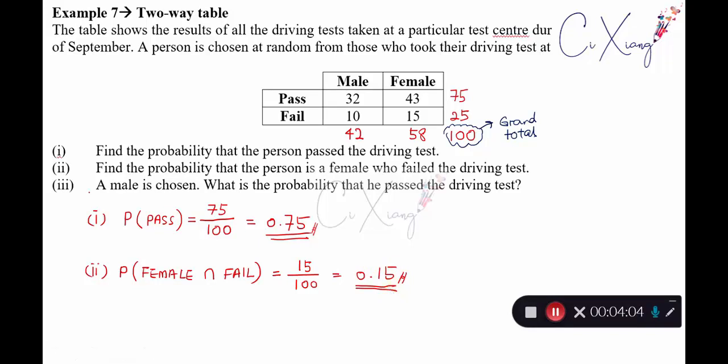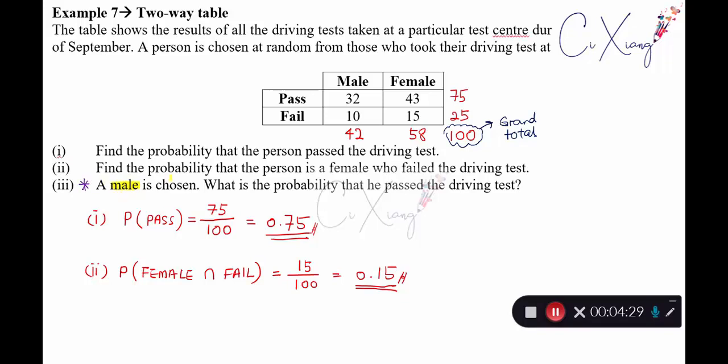Alright, then we proceed to part number 3. For part number 3, a male is chosen. What is the probability that he passed the driving test? This question is a bit special because if you look at the structure of the question, they give you an event that is already known first.